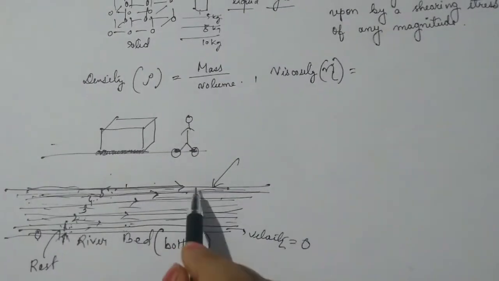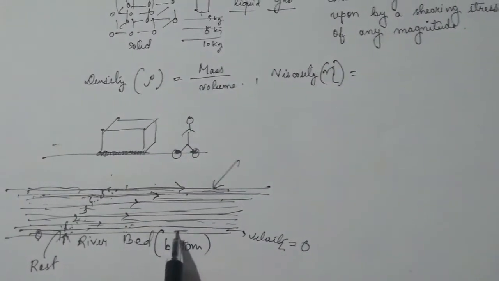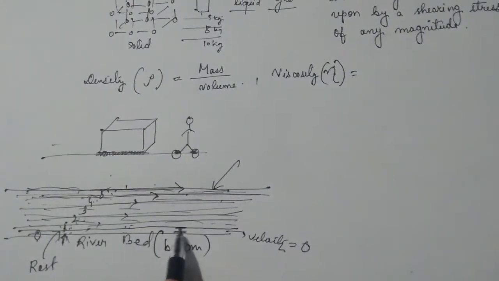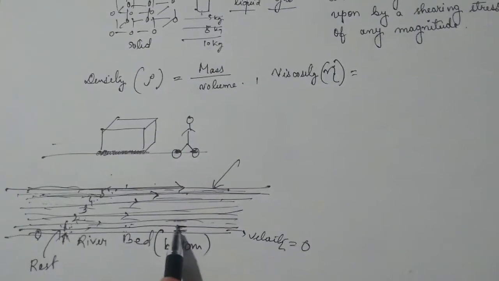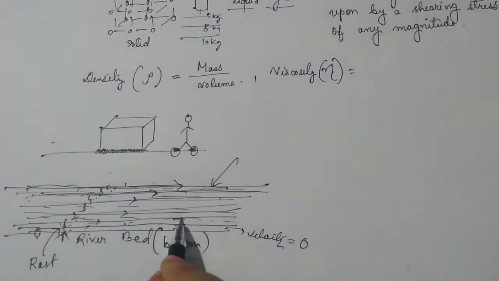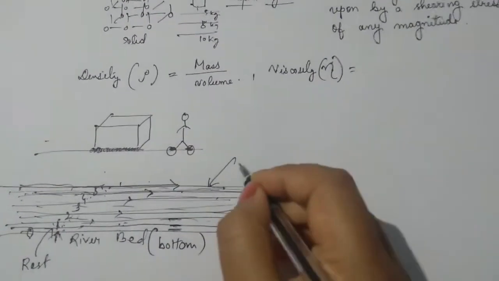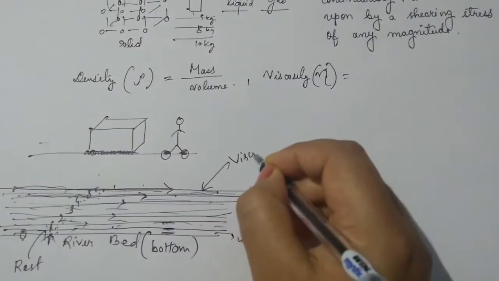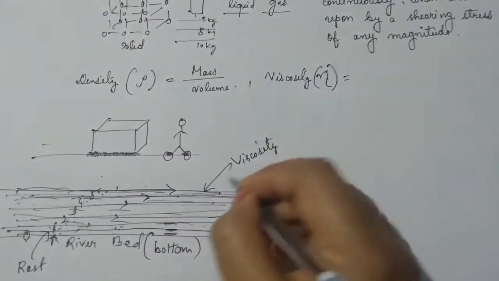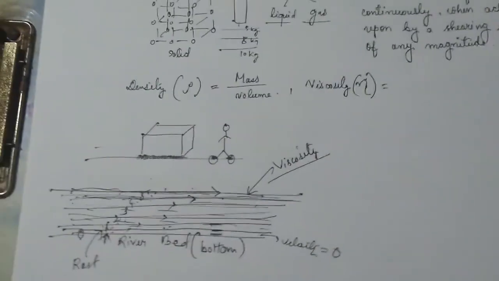This layer is trying to reduce the velocity of this layer, this layer is trying to reduce the velocity of this layer, so this particular property is called viscosity. So viscosity is a kind of frictional force.